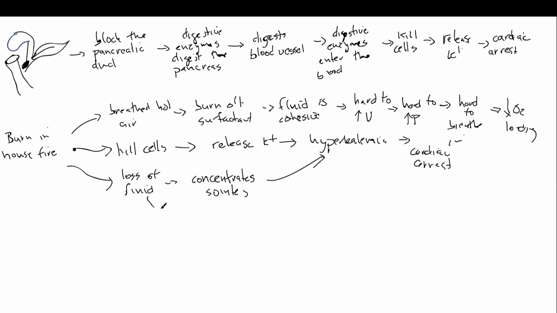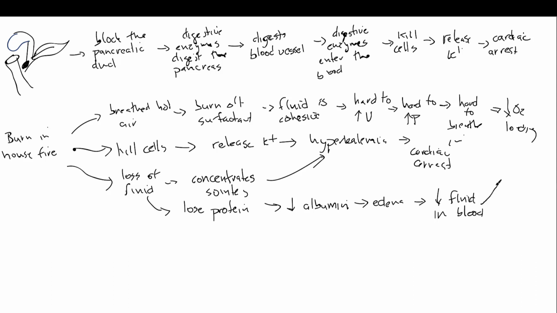Another thing that can happen is you can lose fluid, and you seep out protein too. We're going to make a drawing to explain this. That's going to decrease your albumin, and that's going to lead to edema, and that's going to lead to decreased fluid in blood. And so all of these are going to lead to circulation problems. It's going to be a pretty big cluster mess.